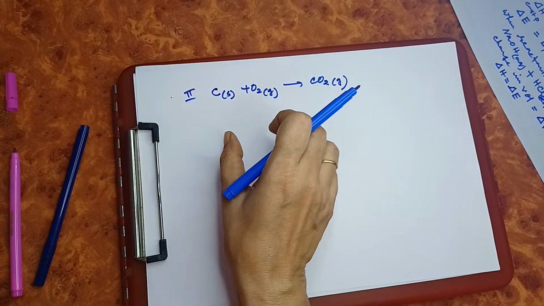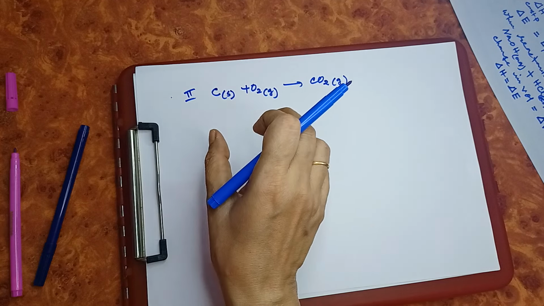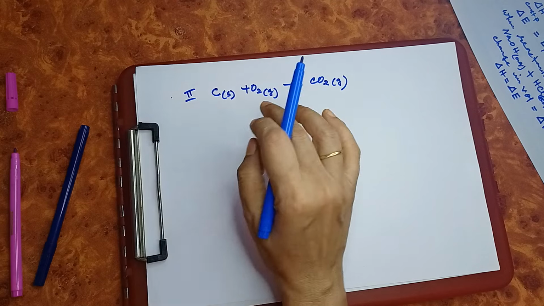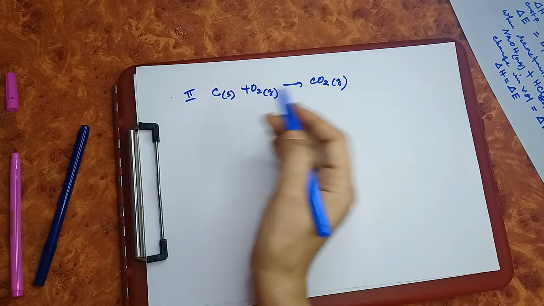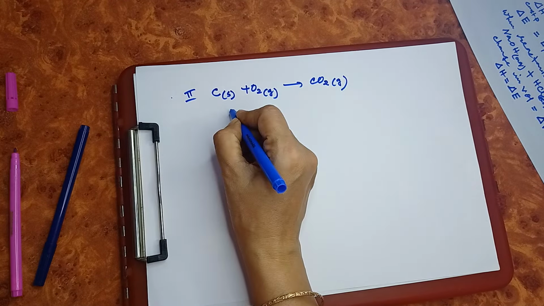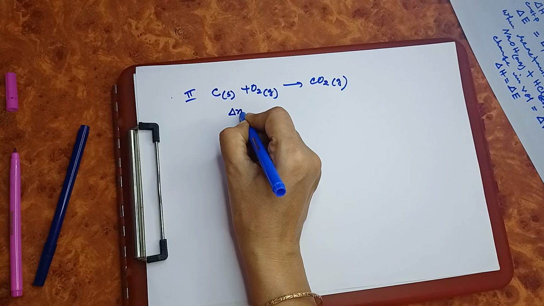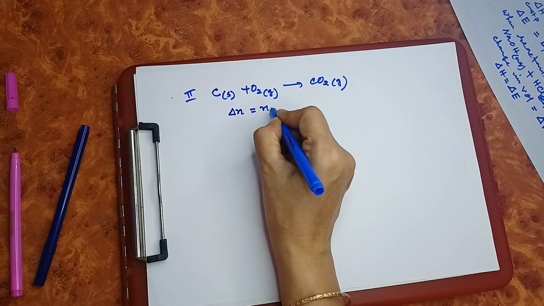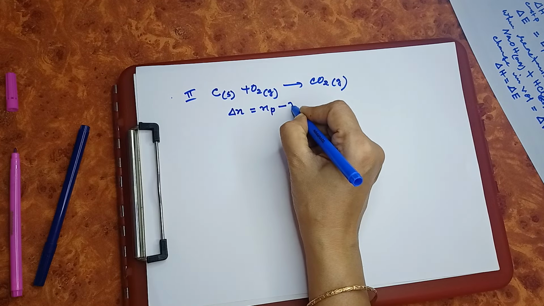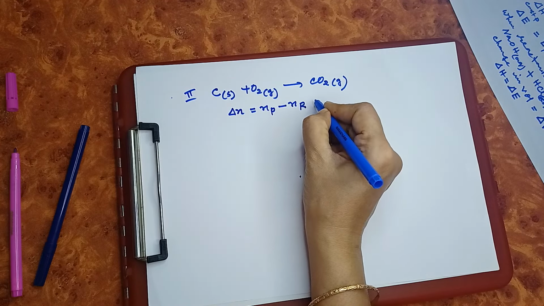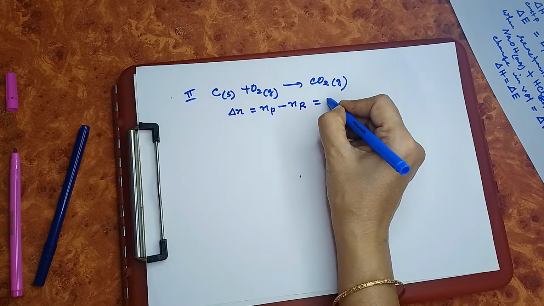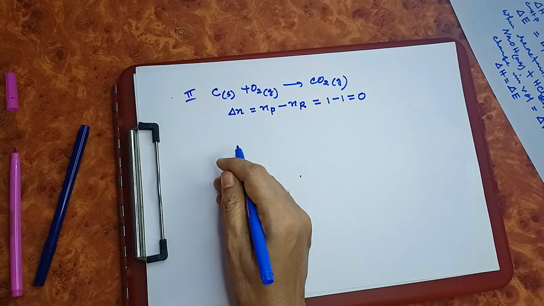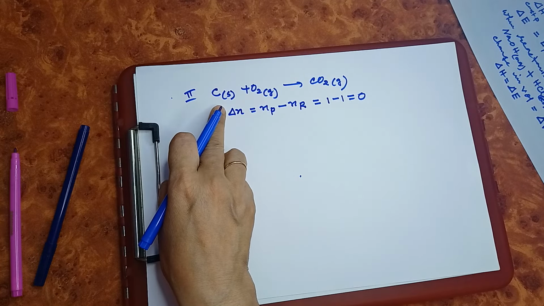But when we calculate the change in the number of moles, we have to consider only the gaseous substances. So here delta N, the number of moles of the product minus the number of moles of the reactant, is 1 minus 1, equal to 0. The solid one we should not consider.